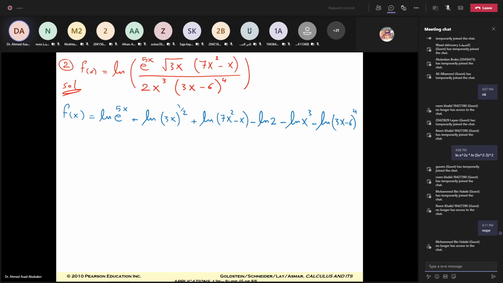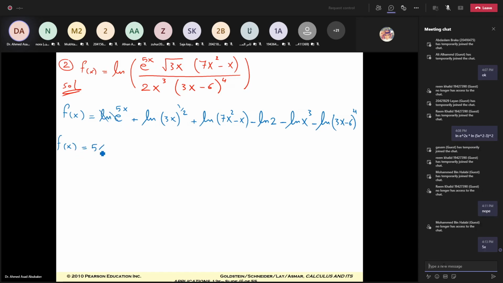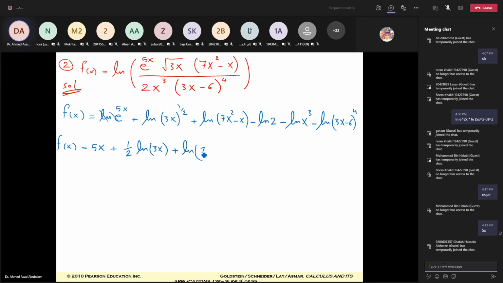After distributing the ln on the numerator and denominator, multiplication and division, we simplify more. So we have f of x equal, remove ln with e, 5x, put the half as multiplication with ln 3x, plus ln 7x squared minus x, minus ln 2, minus 3 ln x, minus 4 ln 3x minus 6.